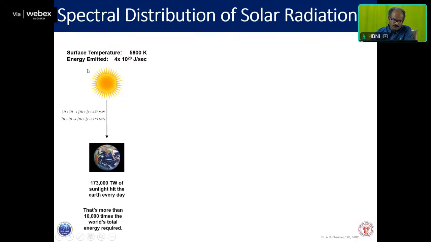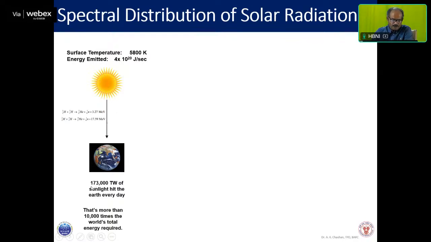It emits in all the directions, and a very small fraction of the total energy emitted comes to the earth. The total energy emitted by the sun is approximately 4 into 10 to the power 26 joules per second, and it goes in all 4 pi directions. The solid angle of the earth as seen from the sun is very narrow.